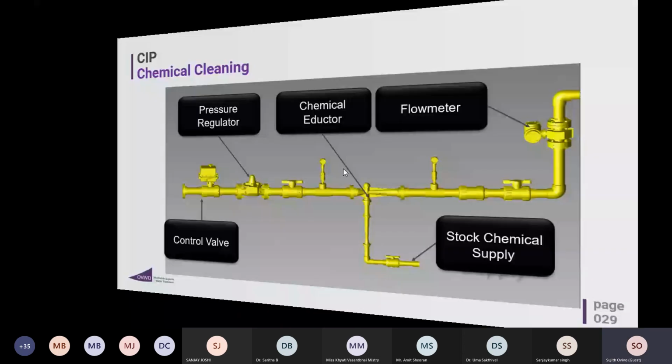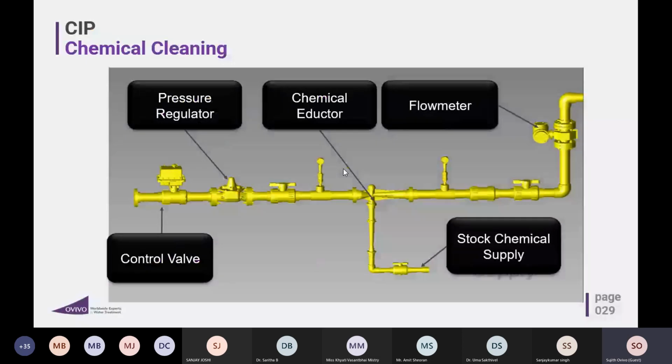And you also do the chemical cleaning, right? How is the chemical cleaning done? You have a tank here. This is a stock chemical supply, and you have a control valve. Water flows from the left to right, and you have a pressure regulator, because this is the key portion: pressure regulator and the ejector.